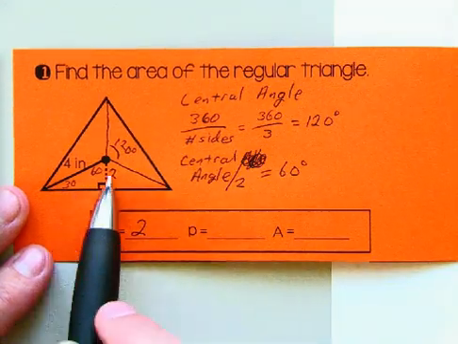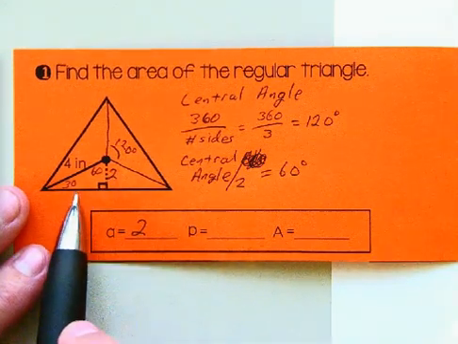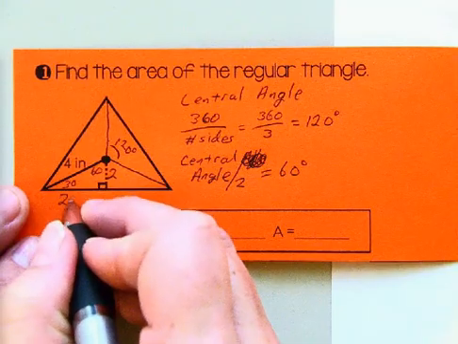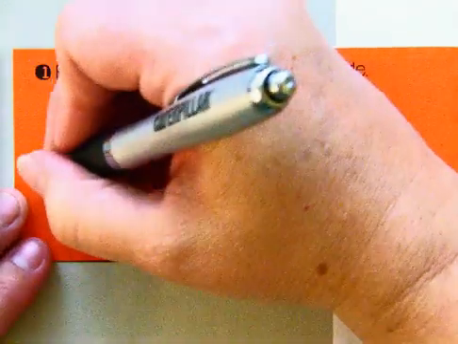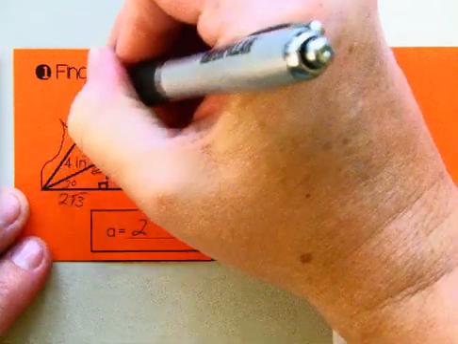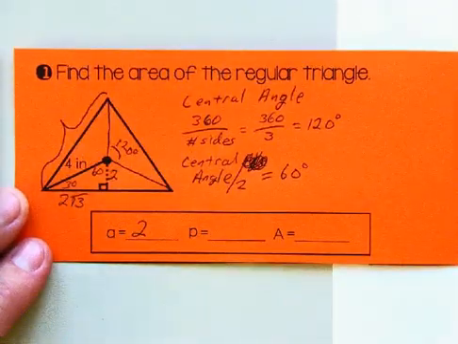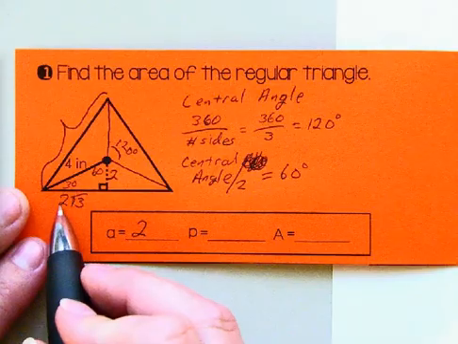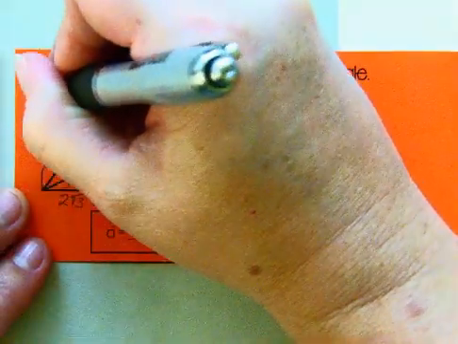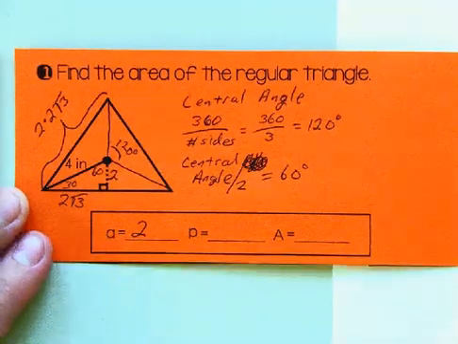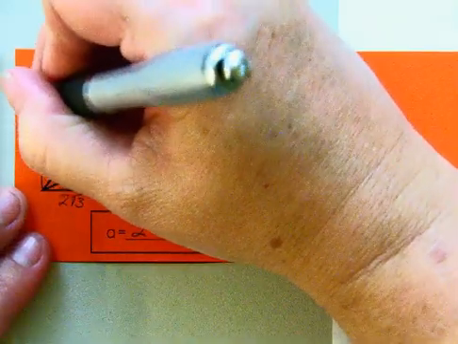The long leg is the short leg times the square root of 3, so this is 2 square root of 3. That means the side of our triangle is twice as long as that. So we're going to take 2 times 2 square root of 3, which gives us 4 square root of 3.